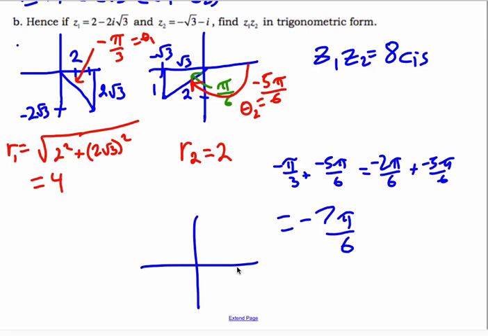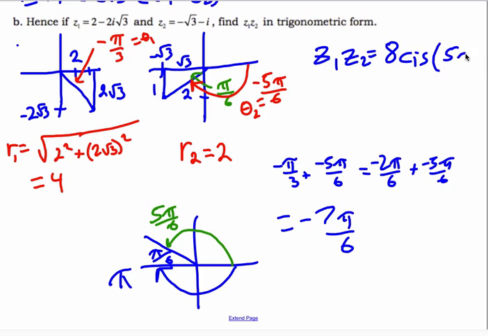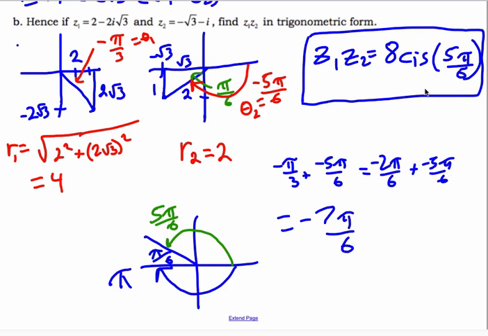So negative 7 pi over 6 is like you go clockwise pi, and then another pi over 6. So we're actually at, if you look at this angle right here, 5 pi over 6. So this product is equal to 8 cis 5 pi over 6. Alright, so that's our complex number in trigonometric form or modulus argument form.